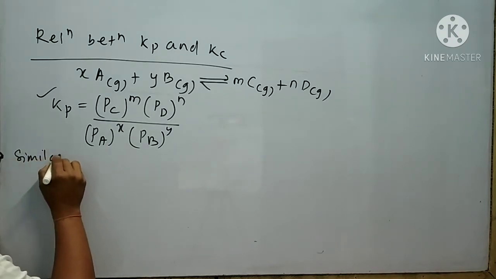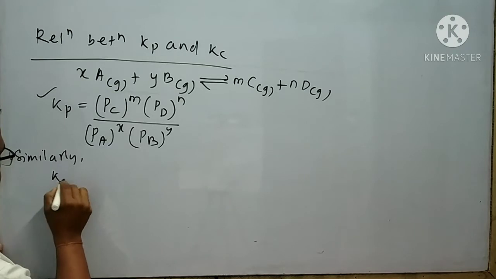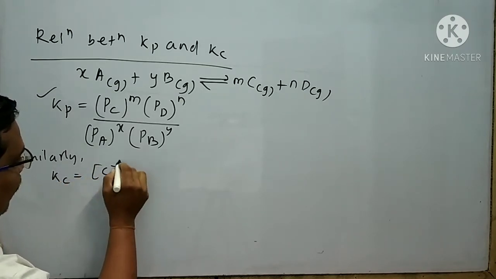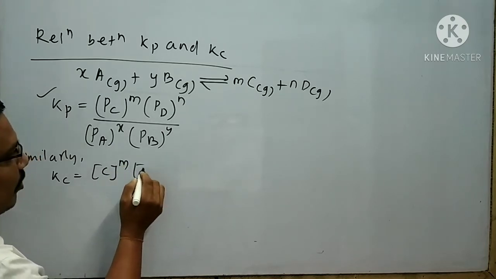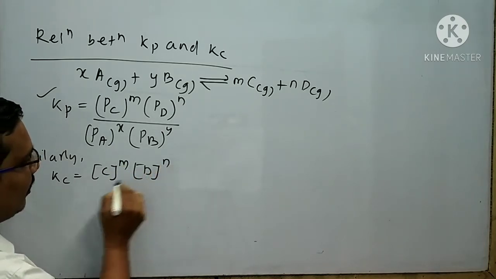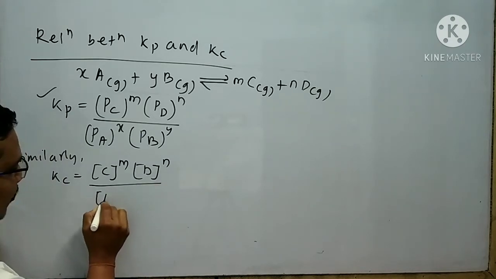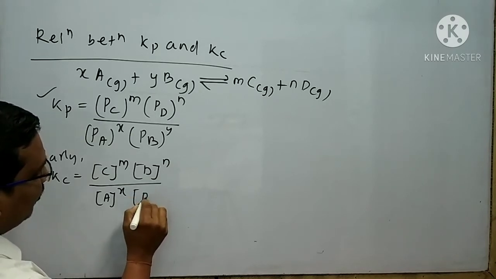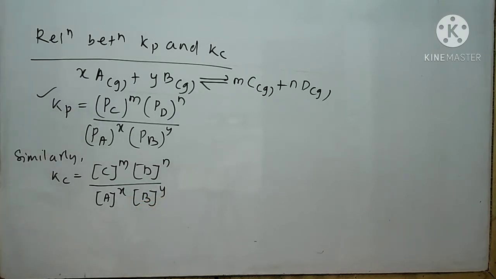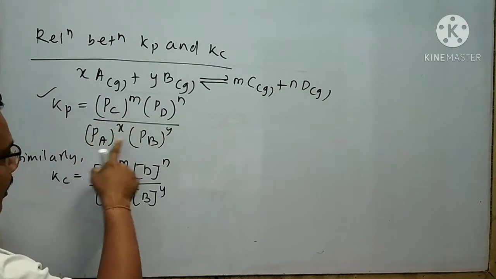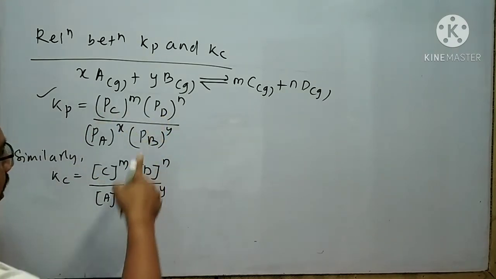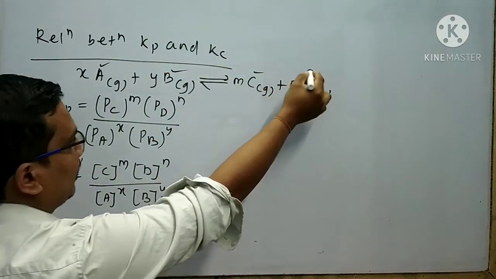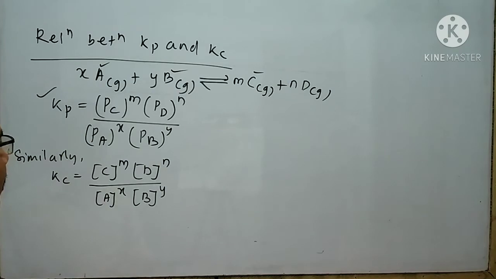Similarly, for this reaction, I can write Kc equal to molar concentration of C power M into molar concentration of D power N divided by molar concentration of A power X into molar concentration of B power Y. Remember, here PA, PB, PC and PD are the partial pressures of A, B, C and D respectively.